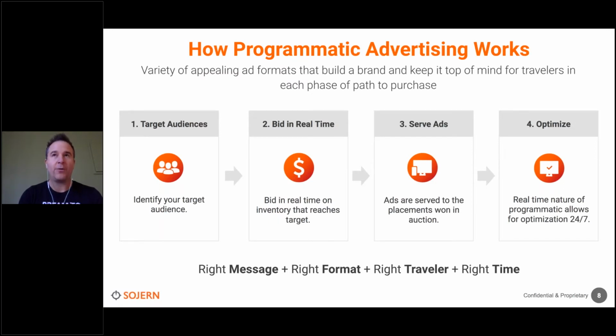Okay, so we have a little bit of a historical lesson on advertising, a little look into that evolution to get us to where we are today. So let's talk about how programmatic advertising works. Now, note that the fundamental piece is still the same.